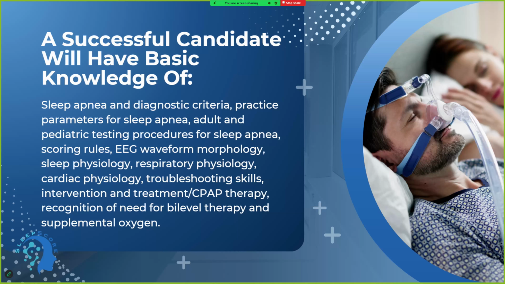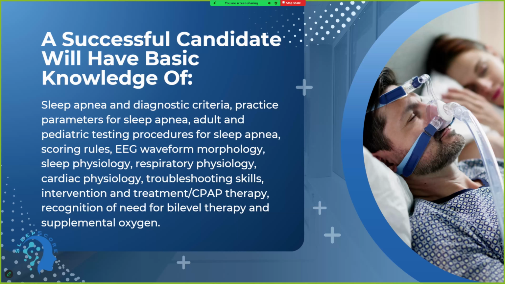Intervention and treatment, CPAP therapy, that means intervention, like what kind of mask you're using, and whether the patient is comfortable or not. How can you make your patient comfortable, and what kind of therapy you're going to use, CPAP, BiPAP. There are different types of therapy that we are going to study too. So recognition of need for bilevel therapy and supplemental oxygen.